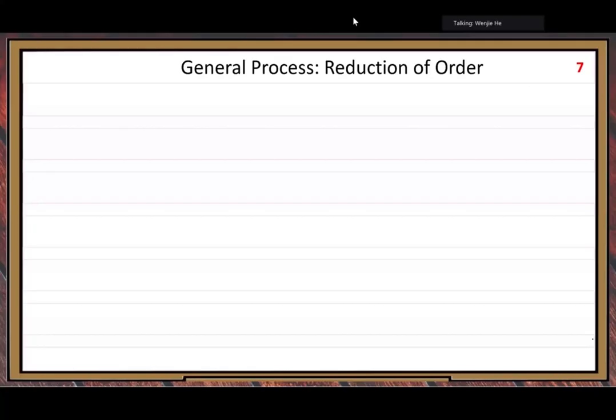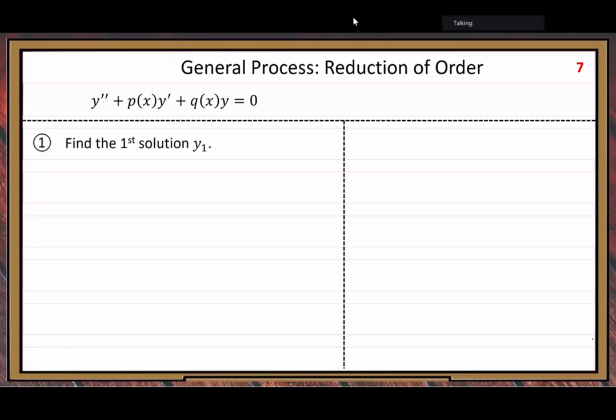General process, reduction of order. The general equation. Step 1: you need to find the first solution y1. Guessing many times is too hard.